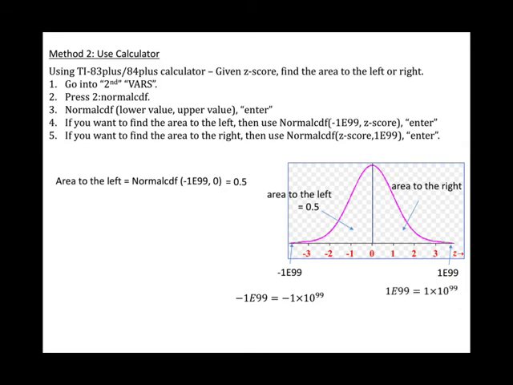Positive 1E99 means 1 times 10 to the power of 99, which is a really big number. If I want to find the area to the right, I'll be using the normal CDF again, cumulative starting from 0 to 1E99, which is gonna be equal to 0.5 as well.